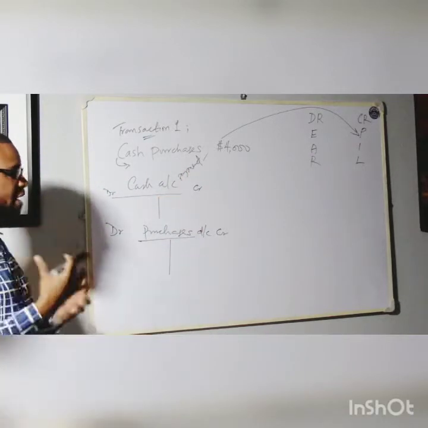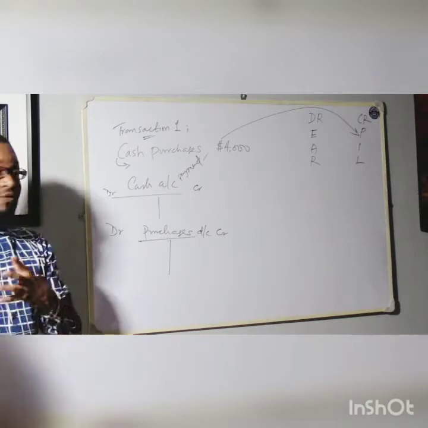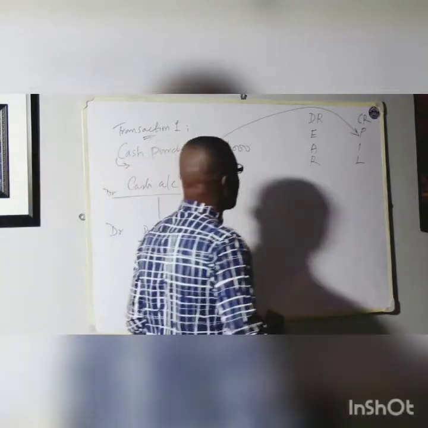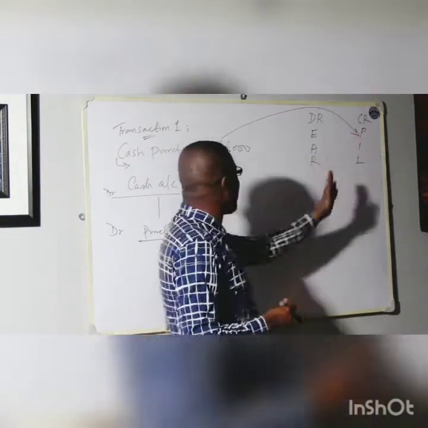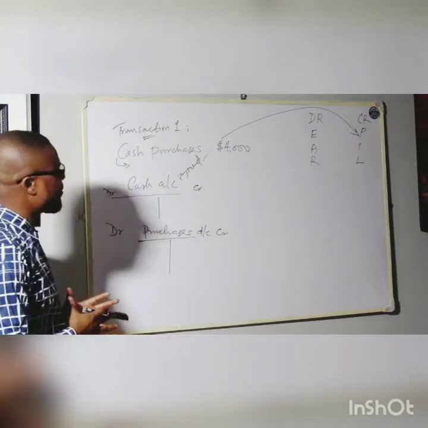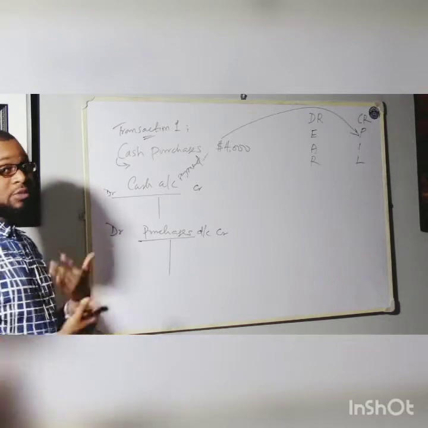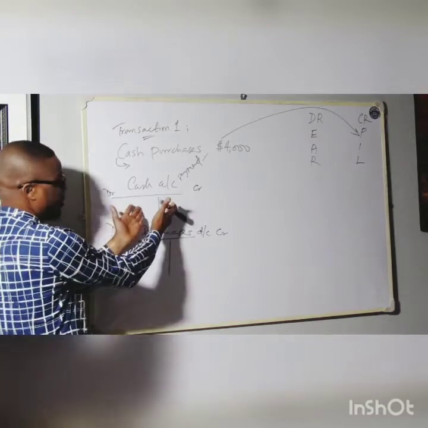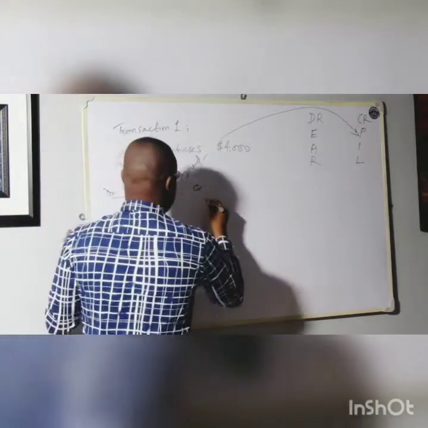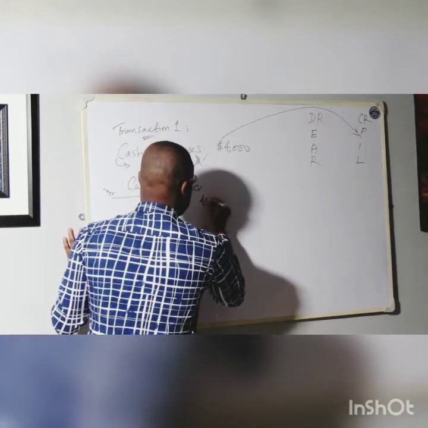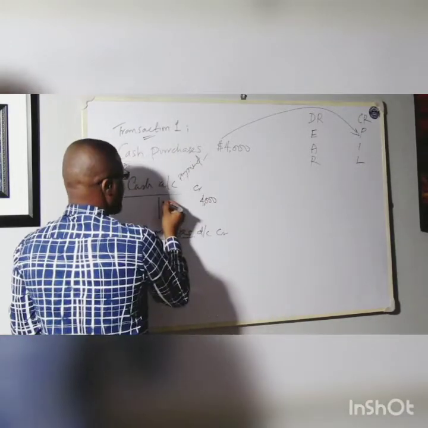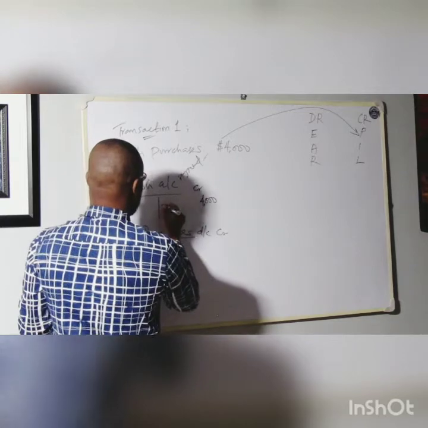You can have more explanation and information from that video. So P stands for payment, and the rule and the model say that the payment shall be credited. So for that reason, you proceed to the cash account, and you say on the credit side you've got $4,000, which is of course coming from where?